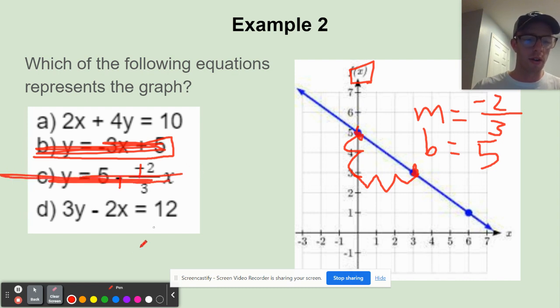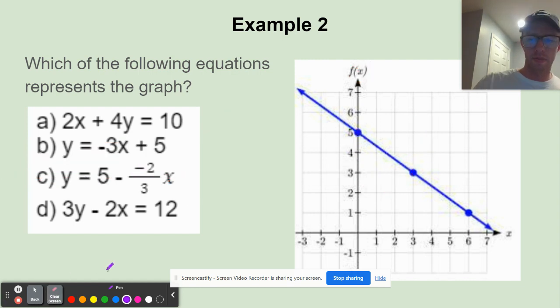So we actually need to solve A and D for y and see which one works. So let's try it. I'm clearing this out. All right, M is negative 2/3, B is 5.